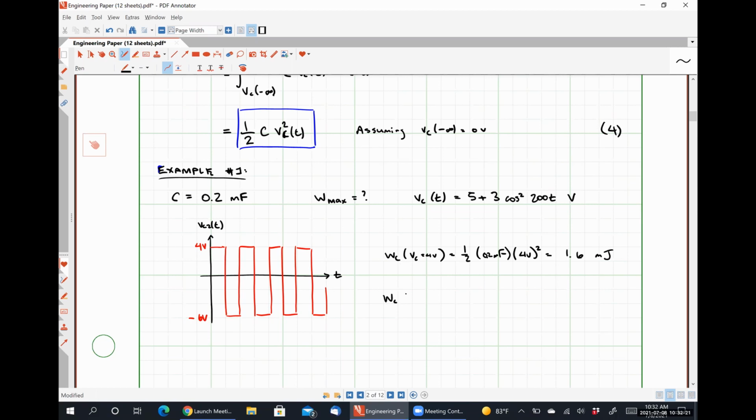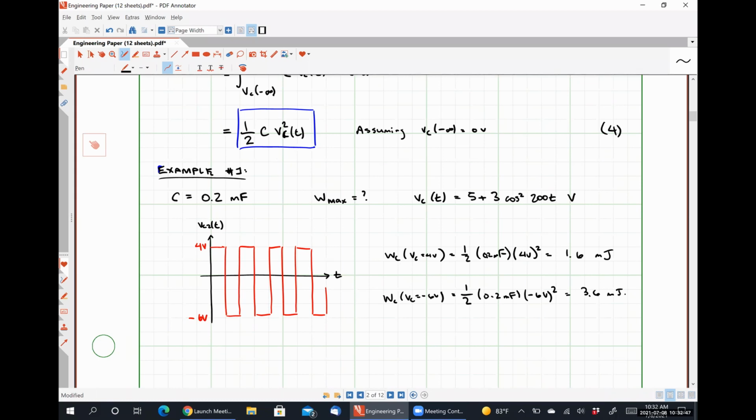But whenever VC is at -6 volts, we have 1/2 times 0.2 millifarads times -6 volts quantity squared, which would give us 3.6 millijoules.